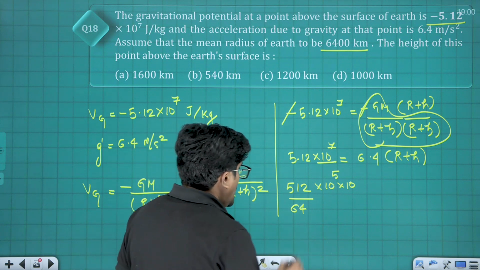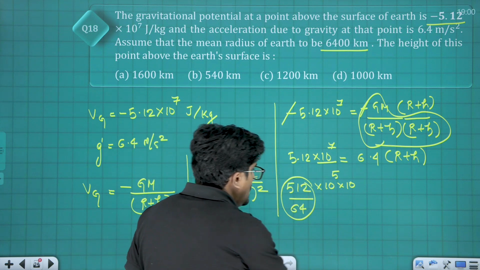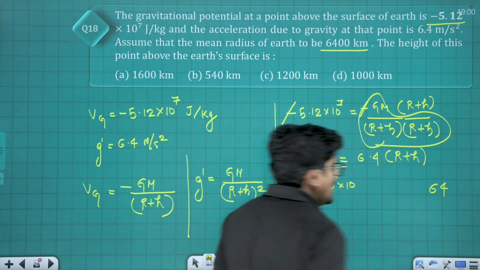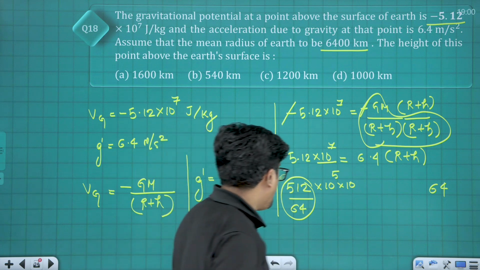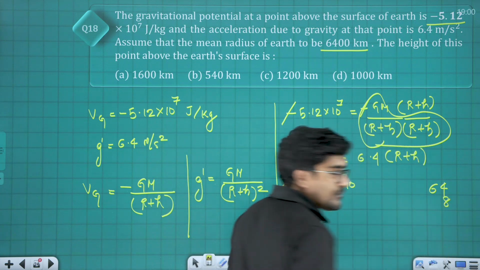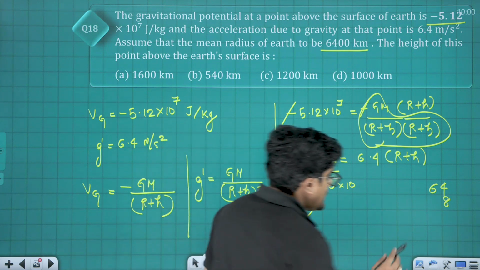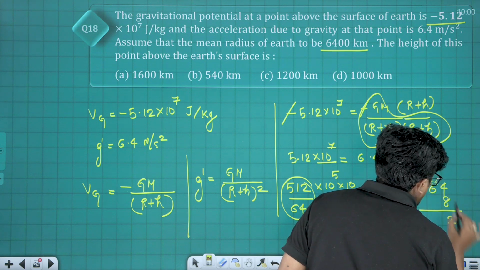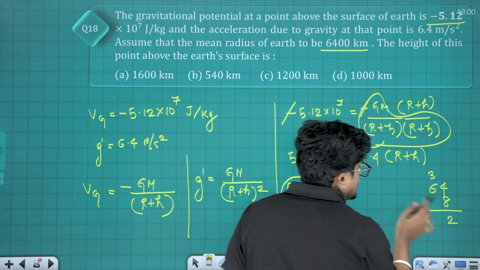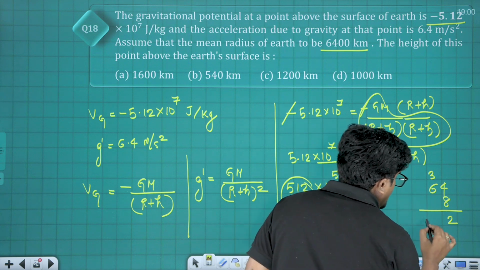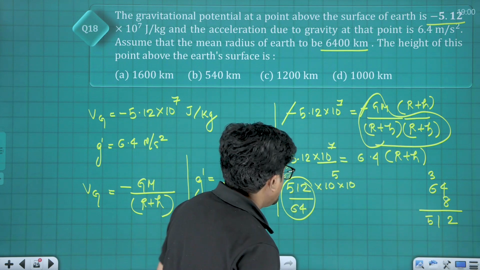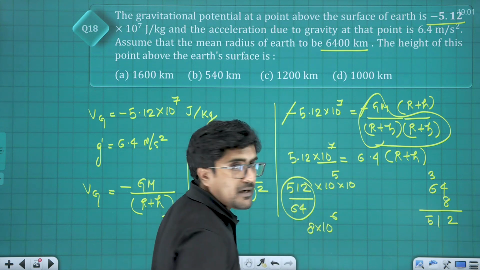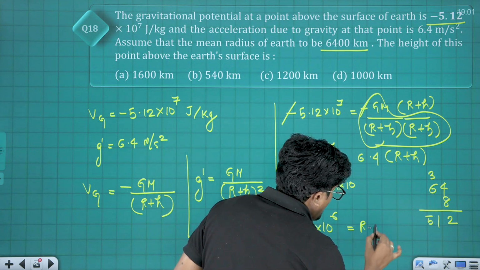Now let's check 64 into 8. 8 fours are 32, I'm left with 3 here, and 6 8s are 48 plus 3 is 51. So this is 8 into 10 to power 6, and that is going to be R plus H.